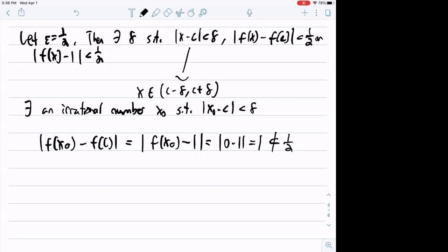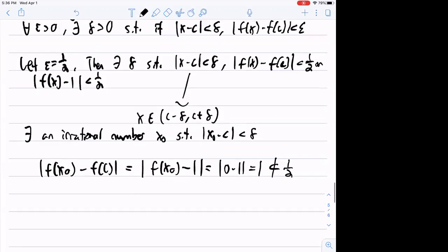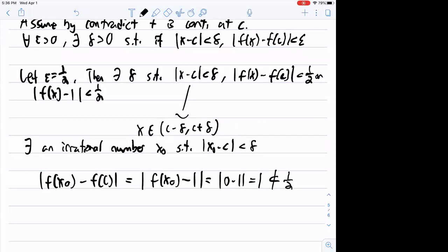The idea is that 1 over q goes to 0 as you raise the denominator, right? So I think it's continuous at irrationals and not continuous at rationals, but either way you're using this property. Yeah, you want to use this property.